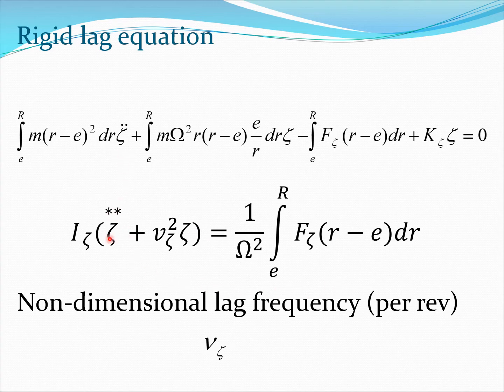This is the zeta star star term into I zeta, and we have collected the term due to centrifugal force and k zeta, and we have created the non-dimensional lag frequency term nu zeta squared. And this of course is our forcing function coming from the fluid dynamics forces, F zeta.